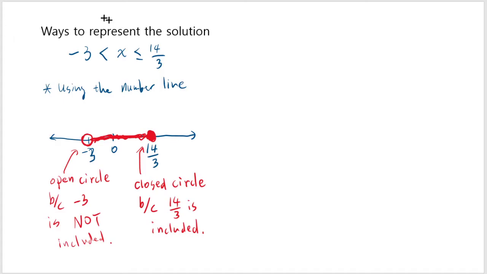Now there's still another way to represent the solution, which is called the interval notation. And it's good to have this picture before you write the interval notation because it's kind of clear what this represents. See, your x should be between these two, so it has to be between negative 3 and 14 over 5.